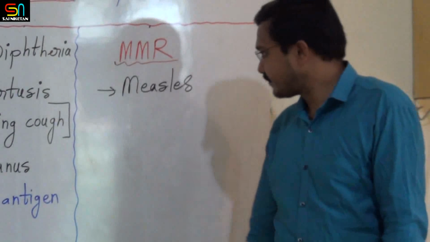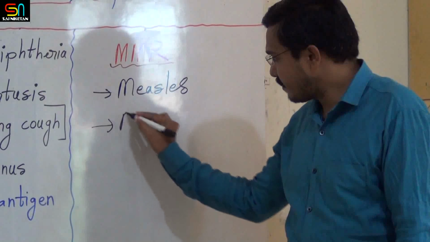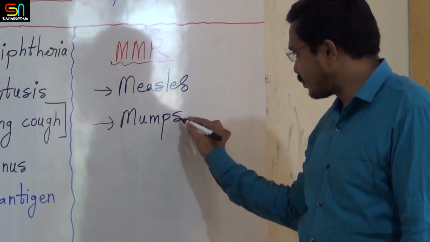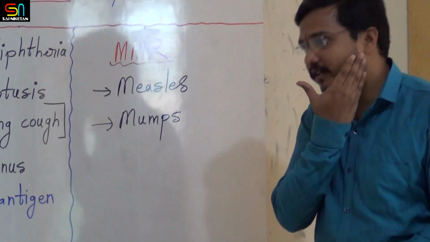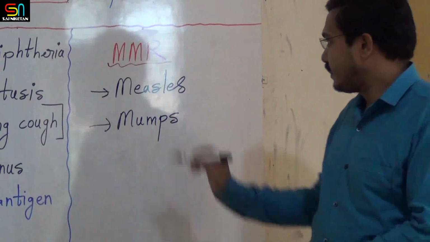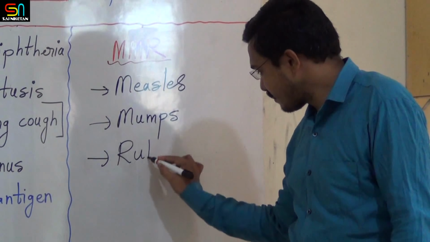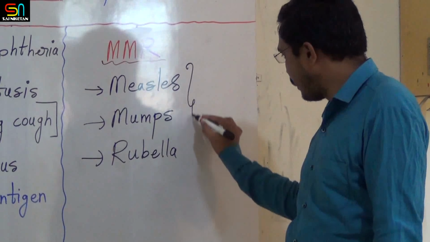Another M stands for mumps, right? Sometimes you will get the mumps. This R stands for rubella.